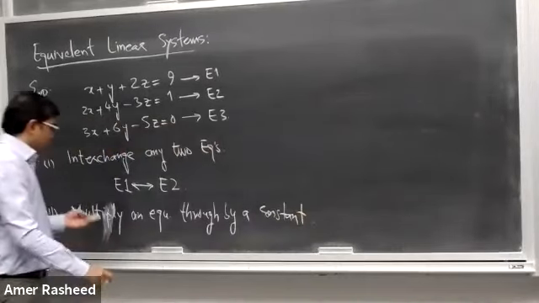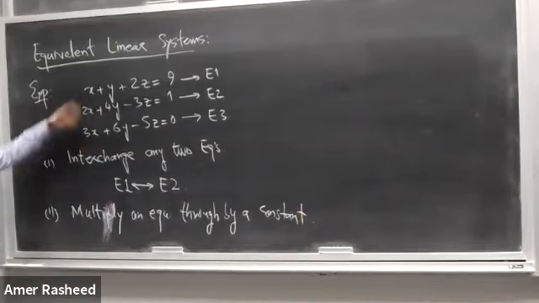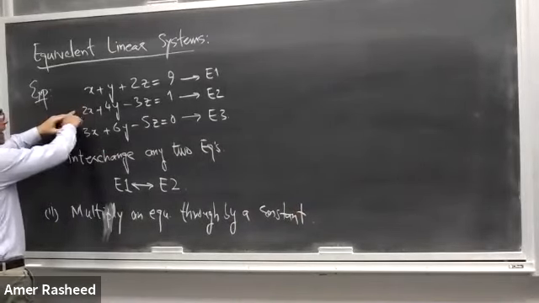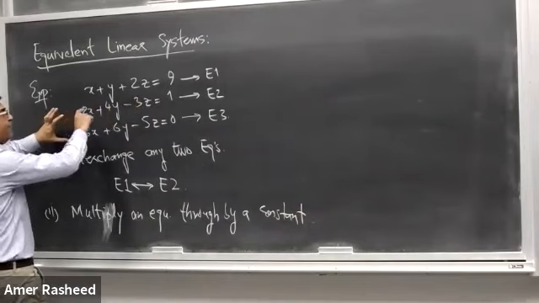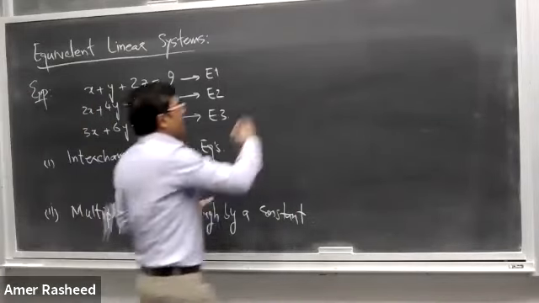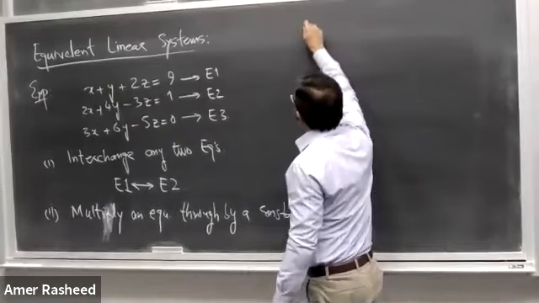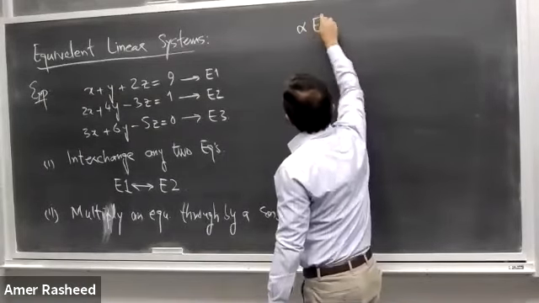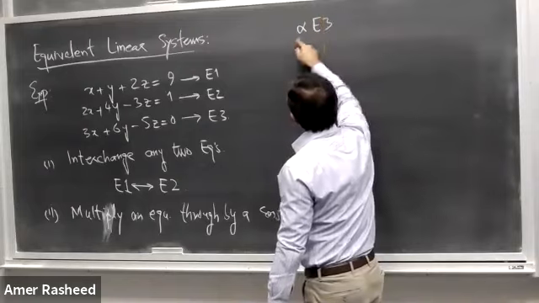This is also an operation which we can apply on any equation. It means we can multiply any equation on both sides by any constant. How do we write it? For example, we multiply equation 3 by alpha. Alpha is some constant.